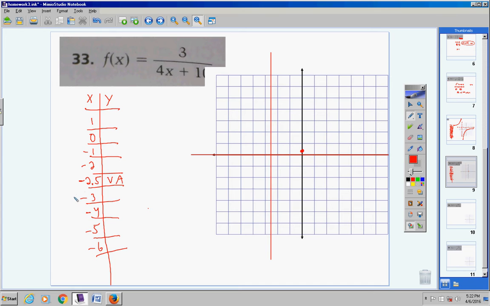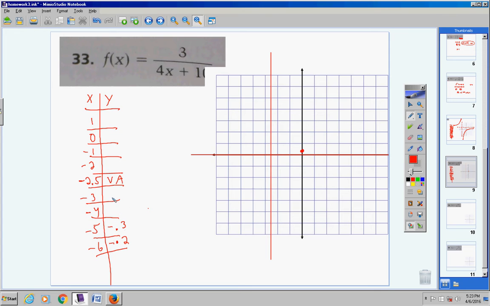Now, if you've typed this into your graphing calculator, like you should have, and if you've done it correctly, you're going to get these values out, okay? I'm going to start with negative 6 first. Negative 6 is negative 0.2. I rounded that, of course. Negative 5 is negative 0.3.